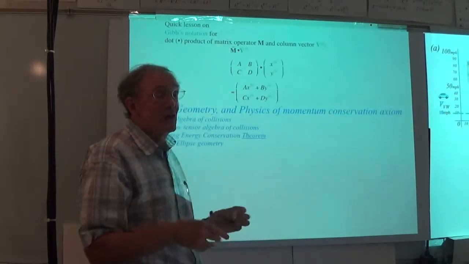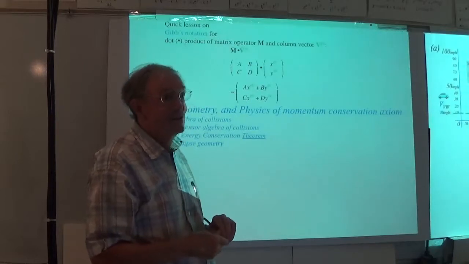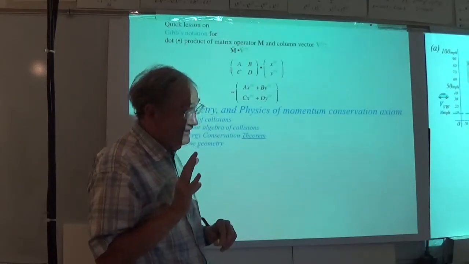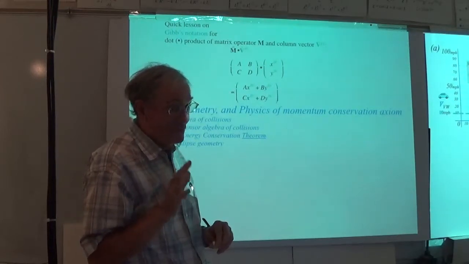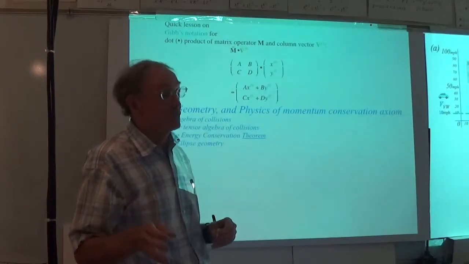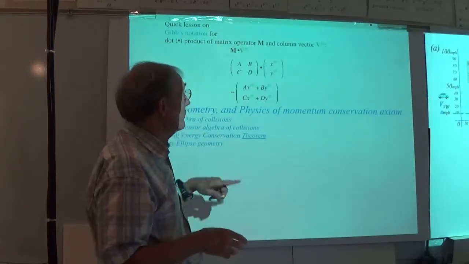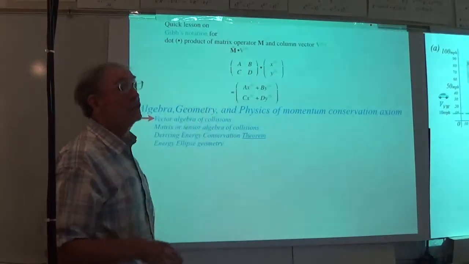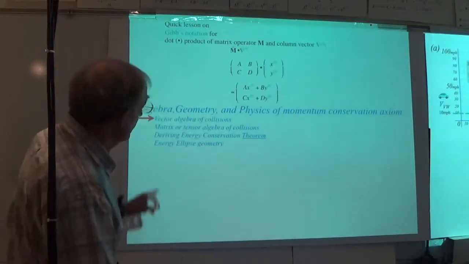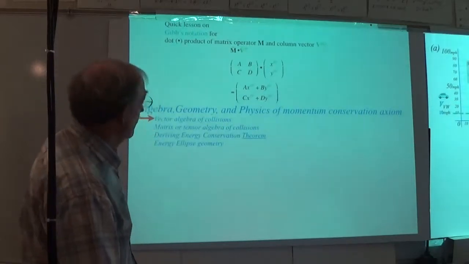If you guys do any solid state physics, you know that the mass is a tensor in that business. So we're going to be doing something that lets you do that sort of work as well. Everything that we do does not have to have a diagonal matrix, but here we do. So we're going to do the vector algebra of the collisions.